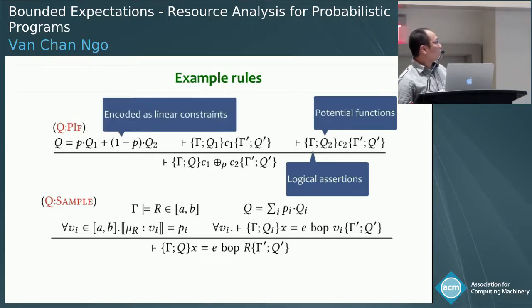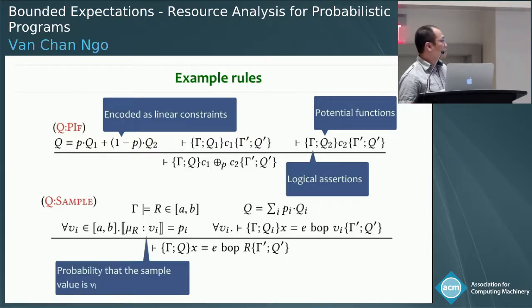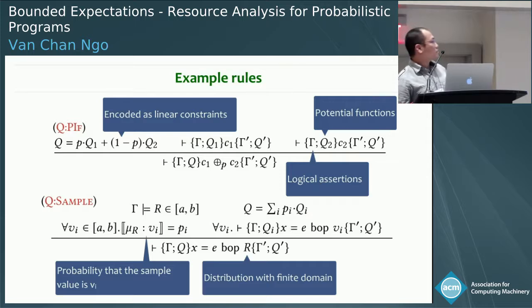For example, for the probabilistic branching command, the initial potential, the potential at the beginning of the command, is a weighted sum, and we can encode that as a linear constraint in our system. For the sampling assignment, we require that the distribution R here has a finite domain.